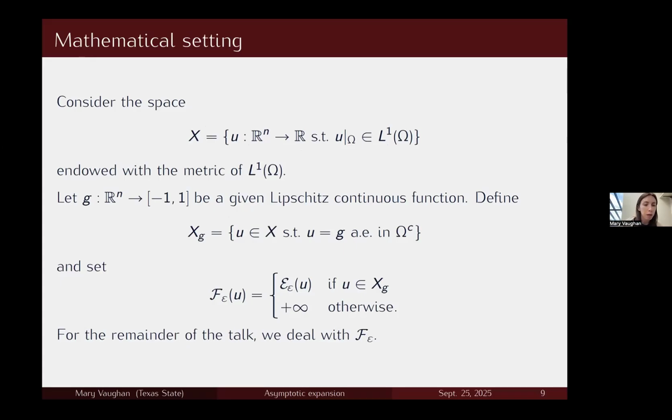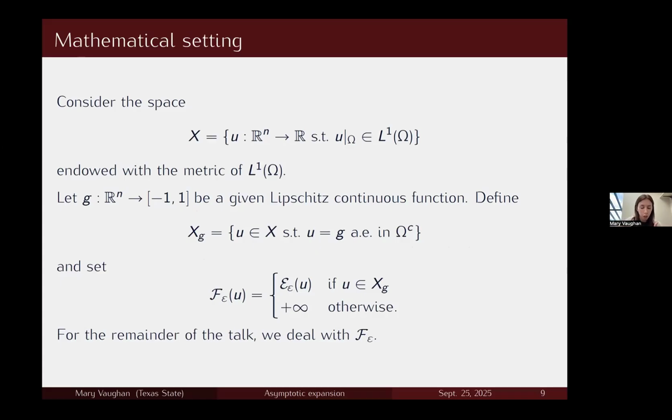So no problems there. And then to fix our boundary data, we're going to let G go from Rn to -1, 1 be a given Lipschitz function. And to incorporate our boundary data, we define XG to be the class of functions in our ambient space X that are G in the complement of omega. So as I was saying earlier, we have this non-local problem where particles in the domain interact with everything in the complement.